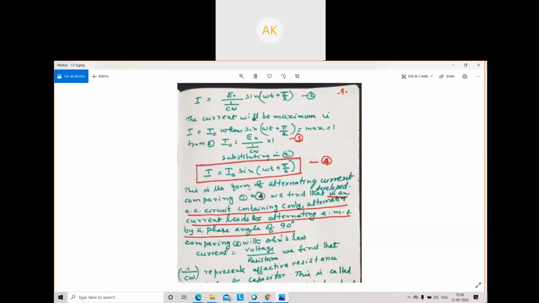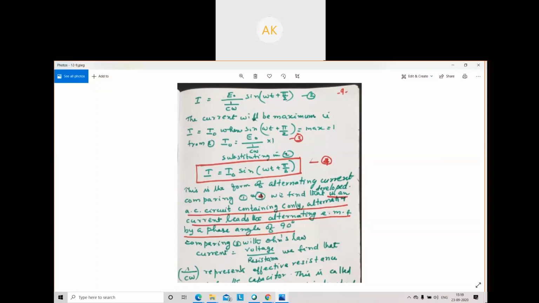Now we can compare the equation for voltage and the equation for current. Equation for voltage: E equal to E0 sin omega t. But in the equation for current, we can see that with omega t we are adding pi by 2. So pi by 2 is the phase difference between voltage and current.